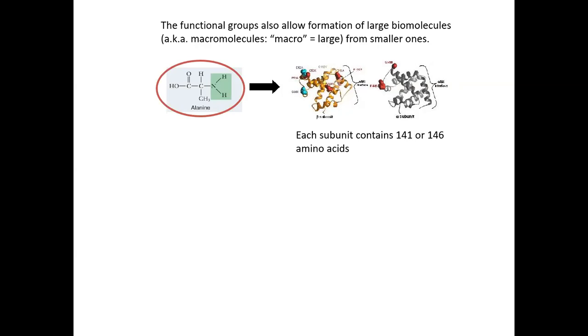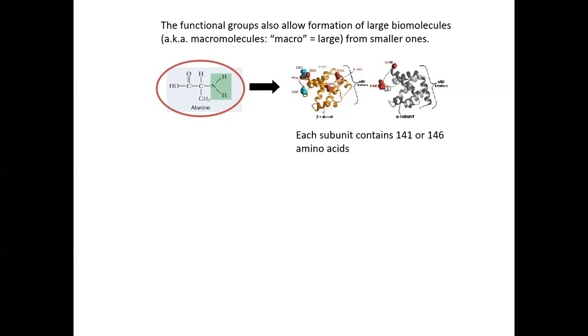So this beta subunit, we're gonna understand hopefully what that means by the time we get to the end of this section. But one of these structures is comprised of either 141 or 146 amino acids that have come together and then take on a particular shape, a particular structure.